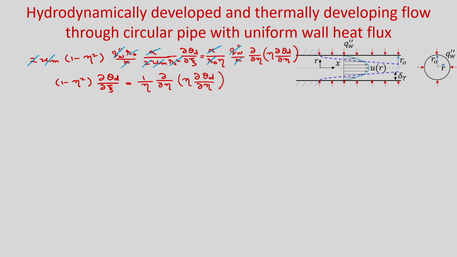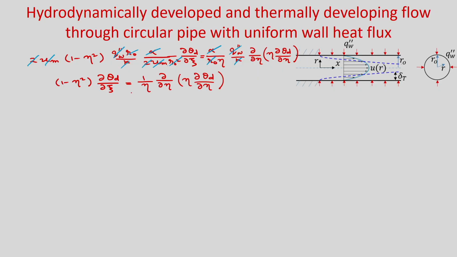We will write the solution of theta d as a product of two individual solutions x and r, where each solution is a function of one coordinate only. So, we are defining theta d as the product of x and r, where x is a function of zeta only and r is a function of eta only.